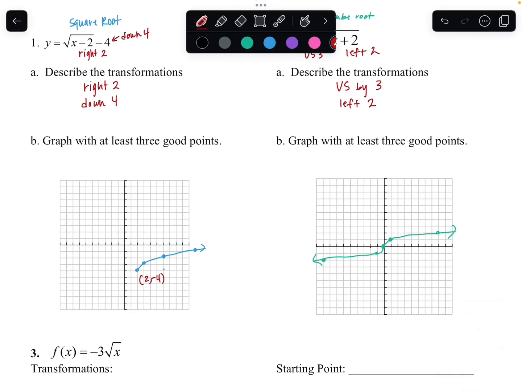And so we know that's going to move the inflection point left 2 units, so it's now at -2, 0. And then usually we go up 1 over 1, but that vertical stretch by 3 is going to cause us to go up 3 over 1. And then our next point is 7 units away, and so we can go up 3 more, and then 7 units to the right.